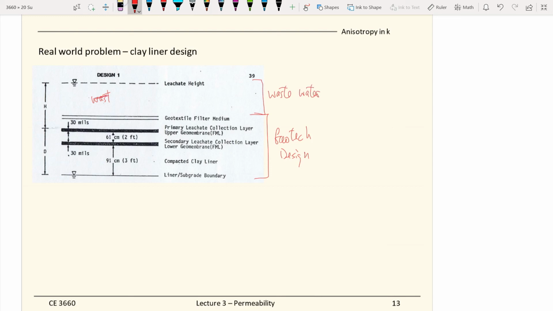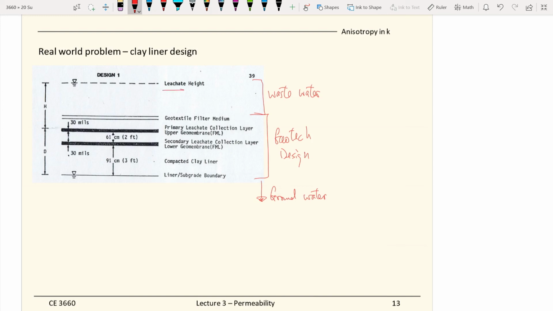You need to design an earth structure that prevents the wastewater from going down into the groundwater. So this is the groundwater, because you don't want our groundwater systems getting polluted by the waste, which generates wastewater, or what we call leachate.